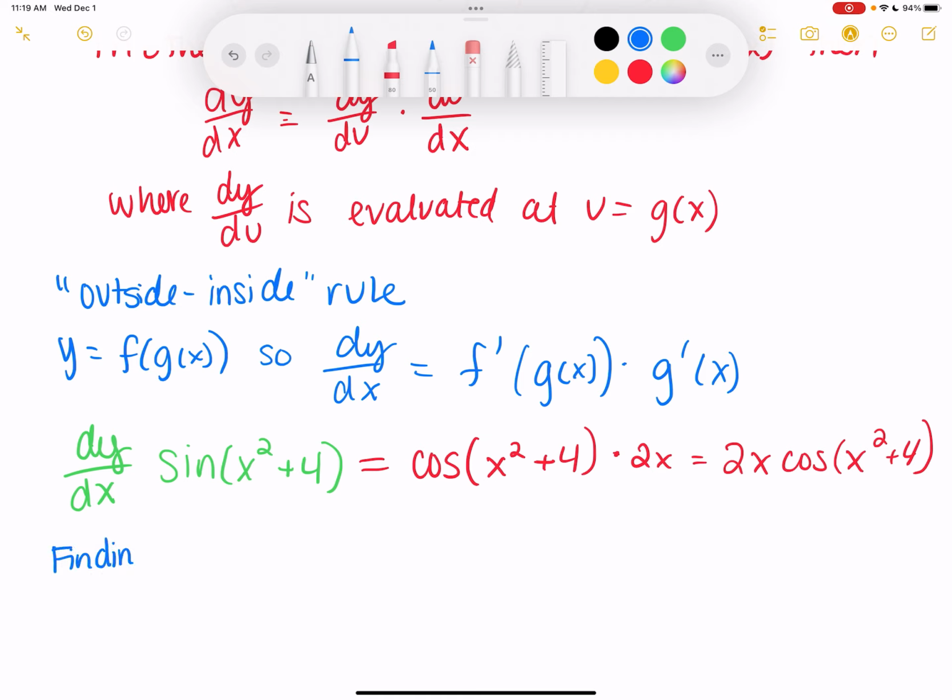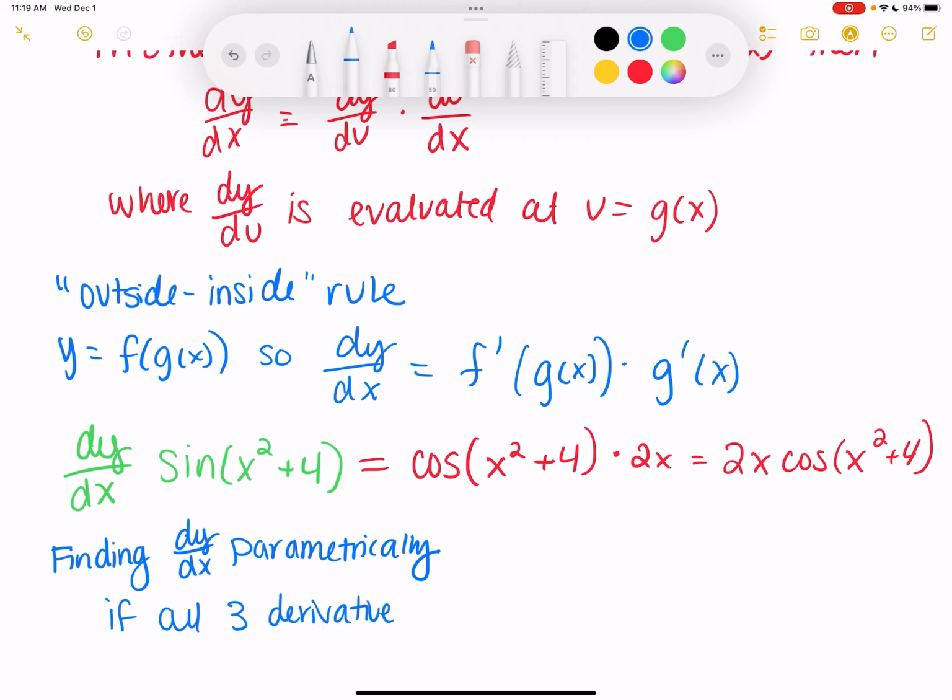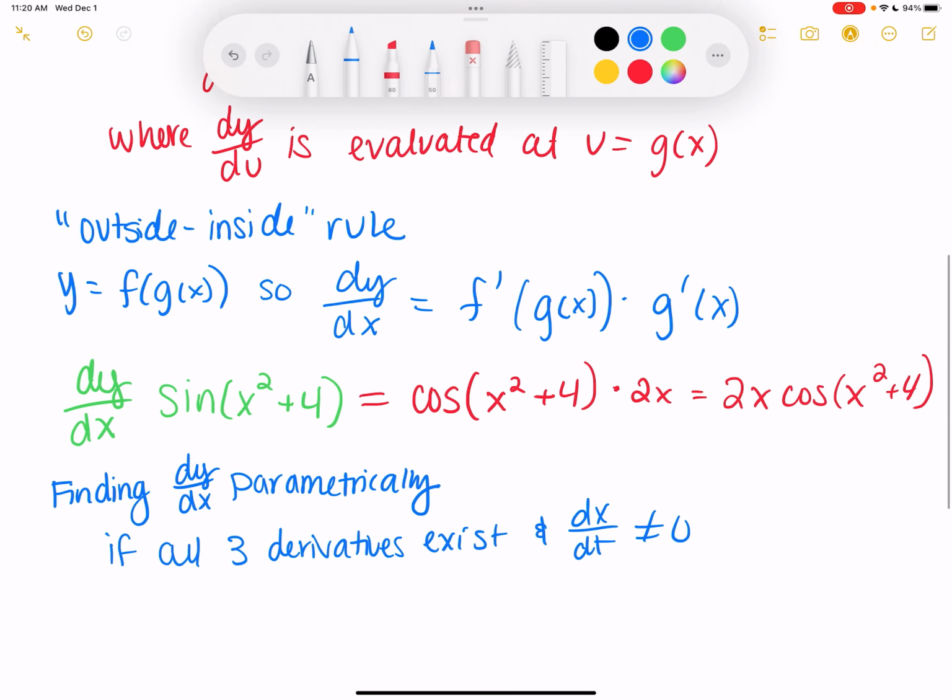Finding dy dx parametrically. If all three derivatives exist, and dx dt is not equal to 0, then dy dx is equal to dy dt all over dx dt.